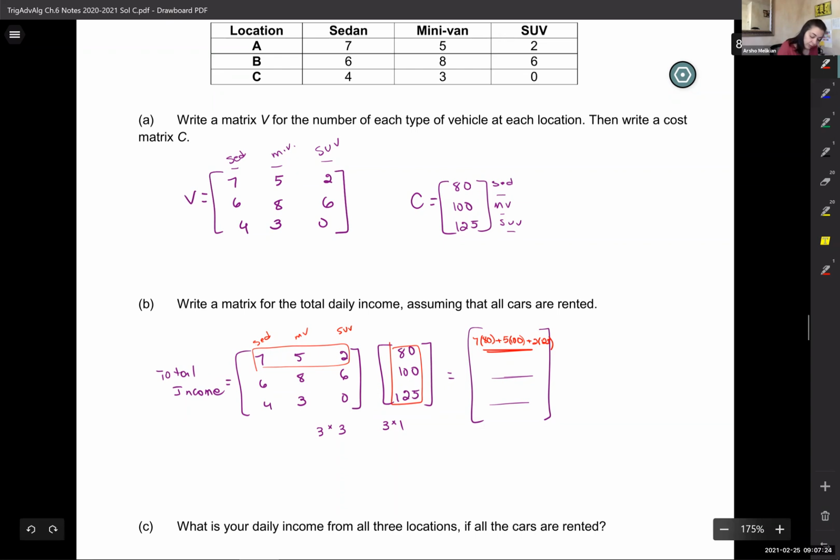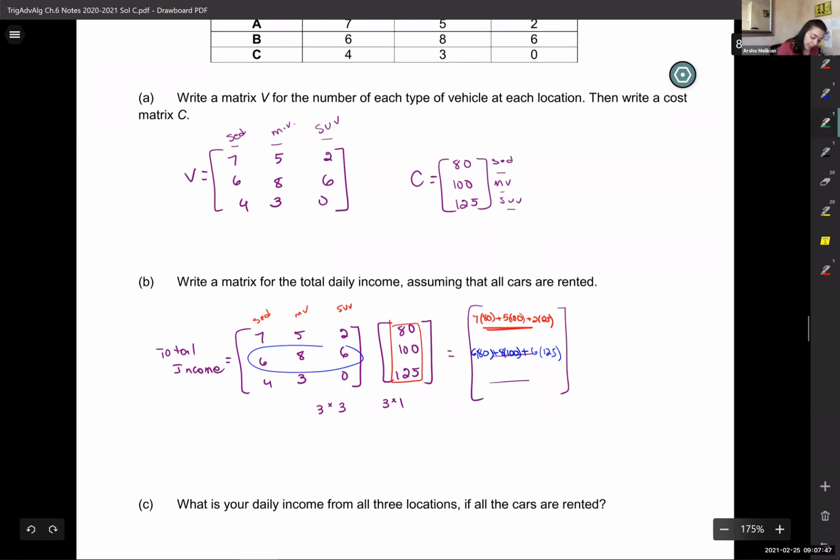Next one is row 2, column 1. 6 times 80, 8 times 100, 6 times 125. Lastly, row 3 times column 1. So 4 times 80 plus 3 times 100 plus 0. Okay?